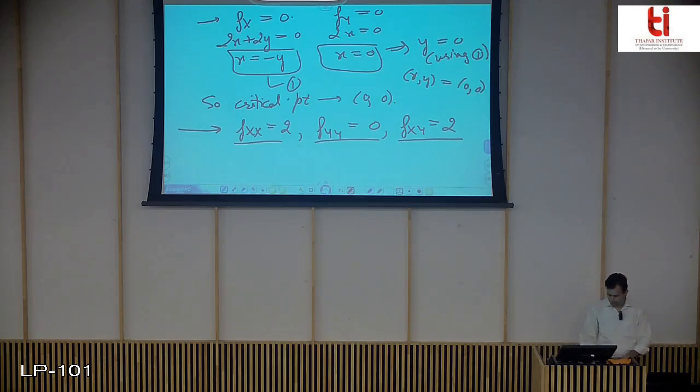Now, first of all, let us see what the value of the discriminant, or Hessian, is. That is equal to fxx times fyy minus fxy whole square.